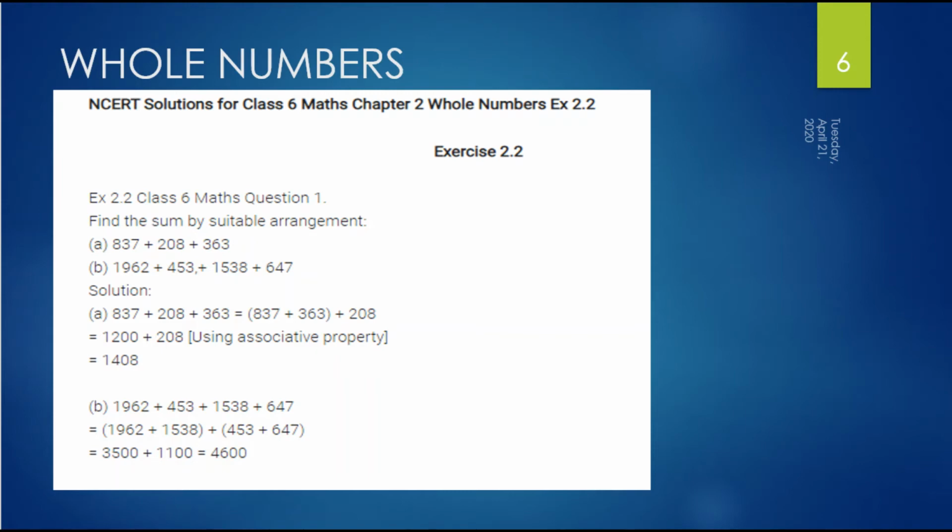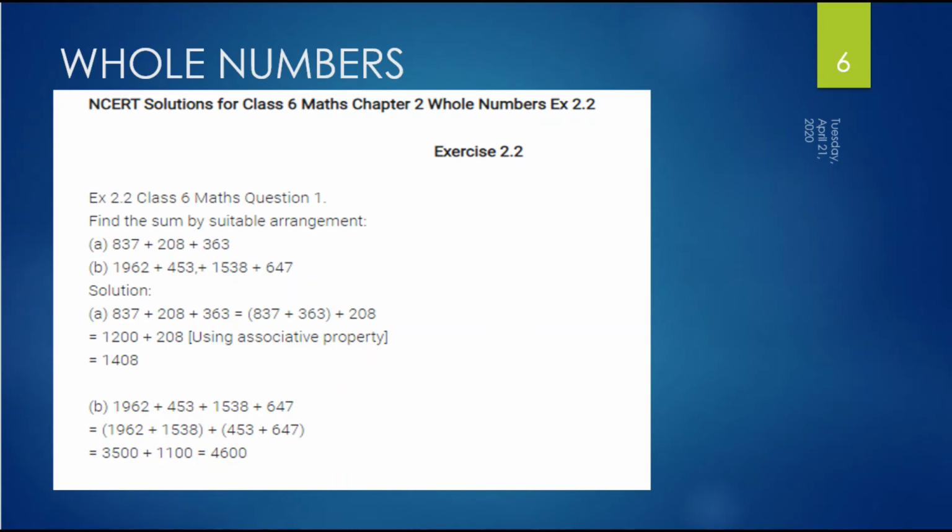If I add 8 and 3, it will become 11. So we have to go for the numbers that round off to 0 at the last digit. So 837 plus 363, plus 208, adding these two by rearranging the numbers in the bracket, it will be 1200 plus 208. I have written here using the associative property. The answer will be 1408.